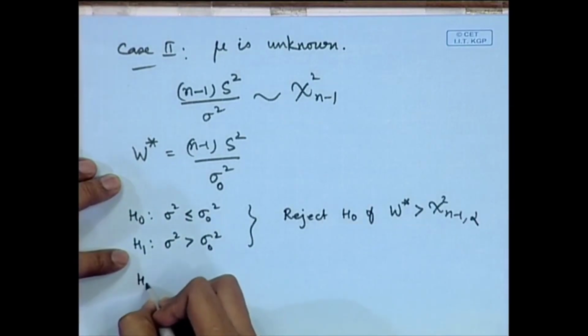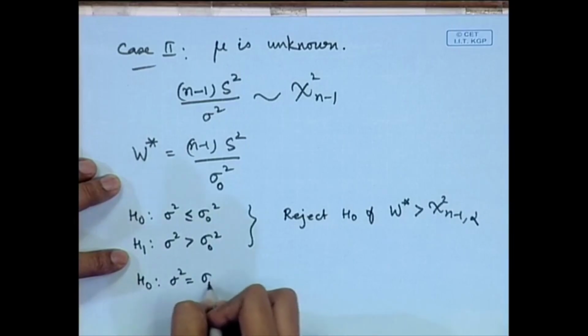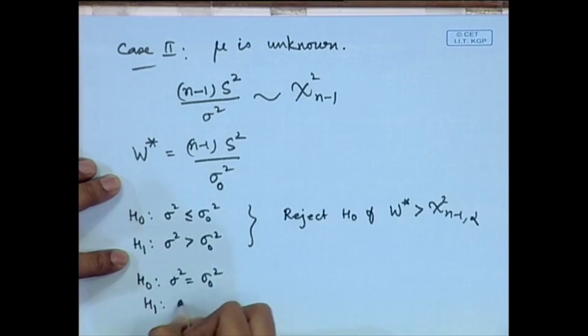Suppose we are looking at a two sided hypothesis, H naught: sigma square is equal to sigma naught square against H 1: sigma square is not equal to sigma naught square.